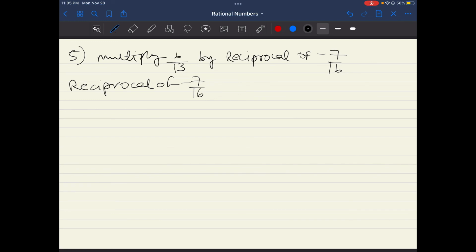Again, reciprocal is the same thing as the multiplicative inverse. Therefore, the multiplicative inverse or reciprocal of minus 7 over 16 can be found using minus 7 over 16 times a over b equals 1, which implies a over b is minus 16 over 7.